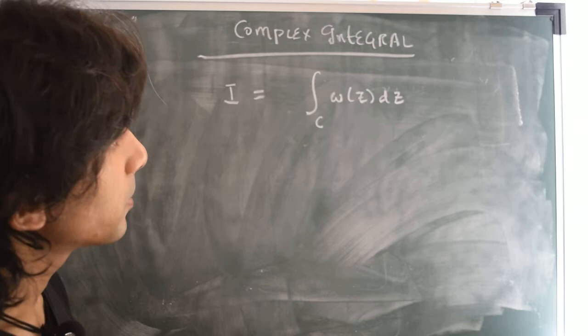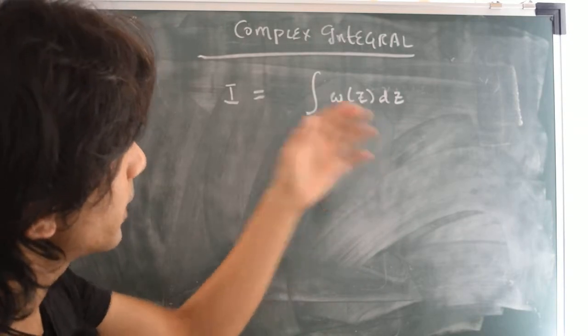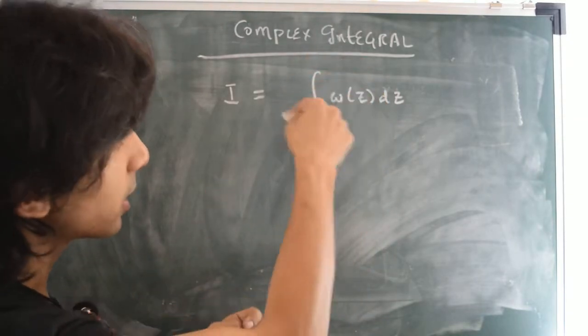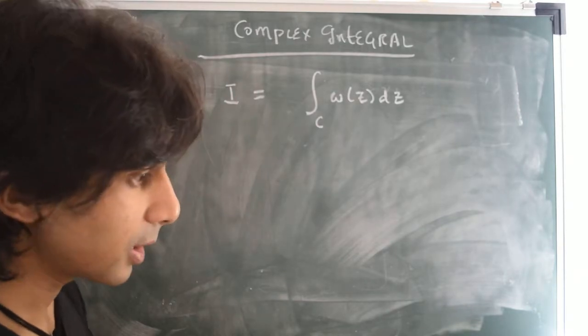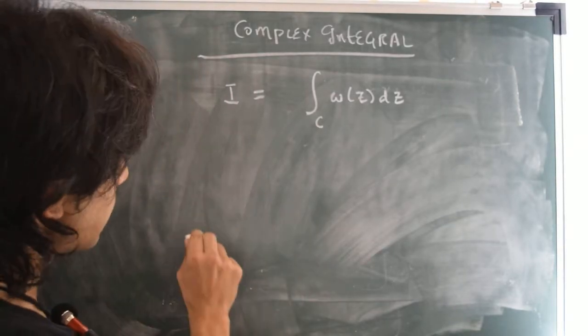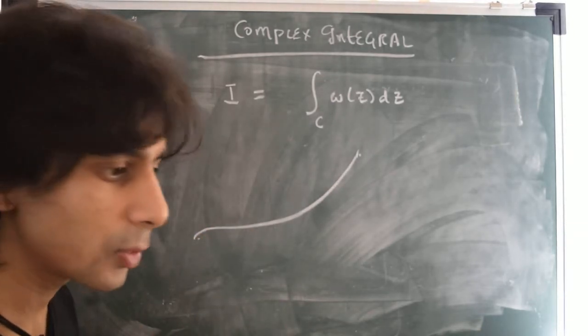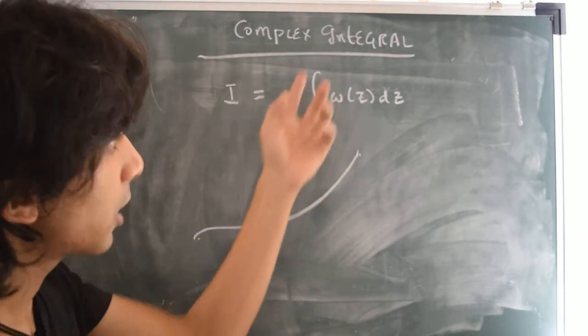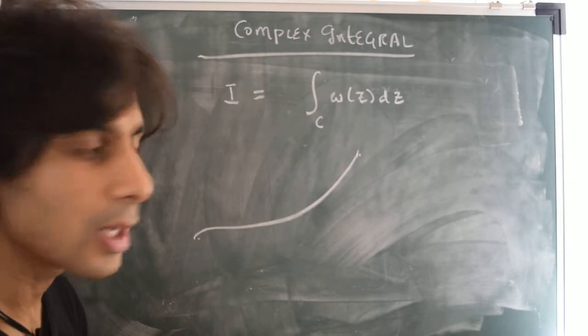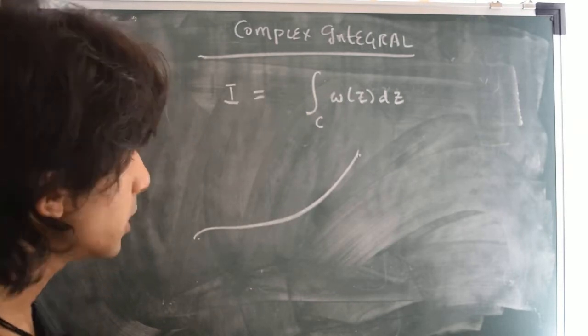First of all, let's think of how we should view this as a limiting process of summing over certain quantities.